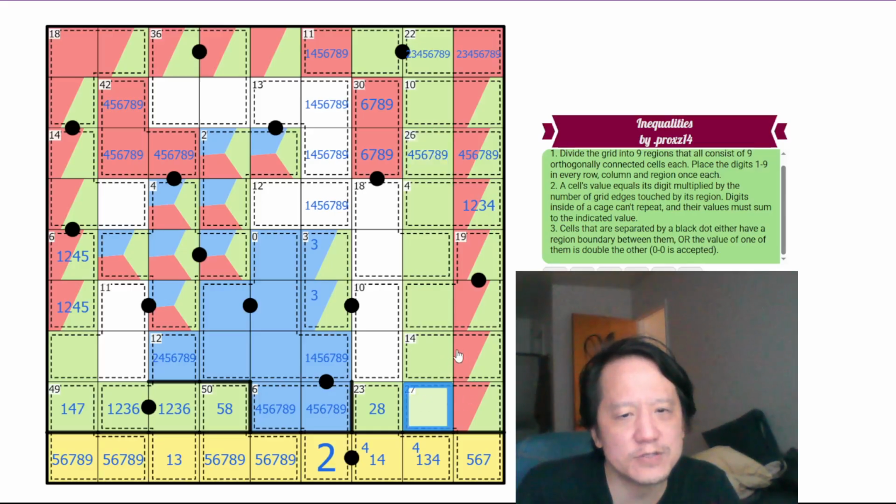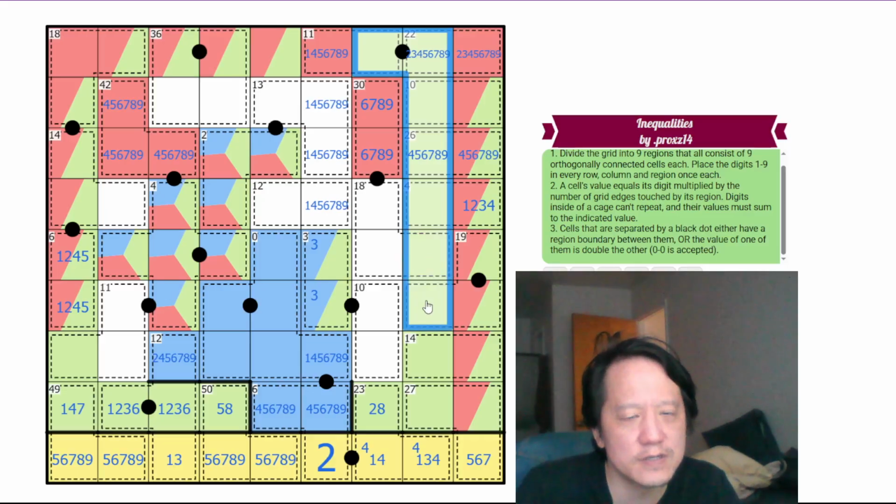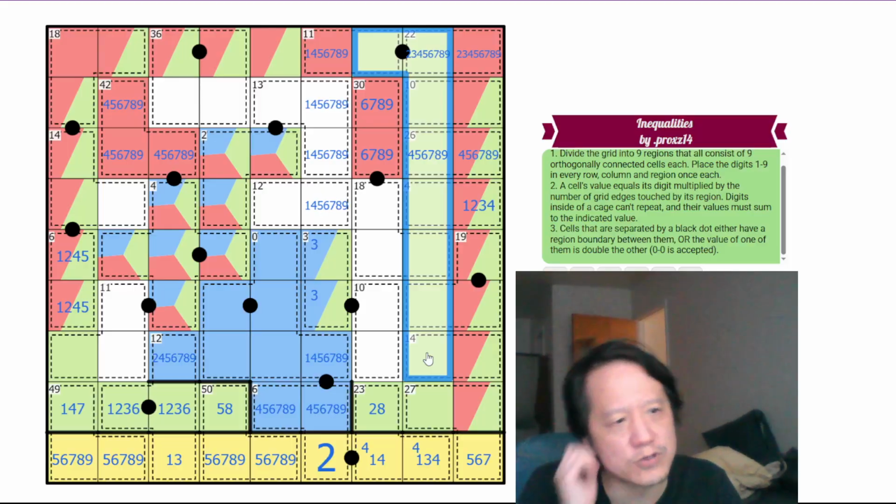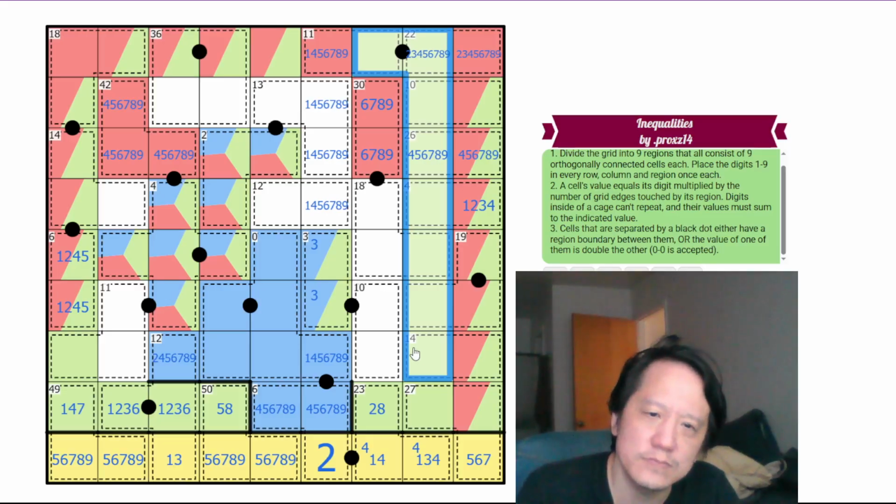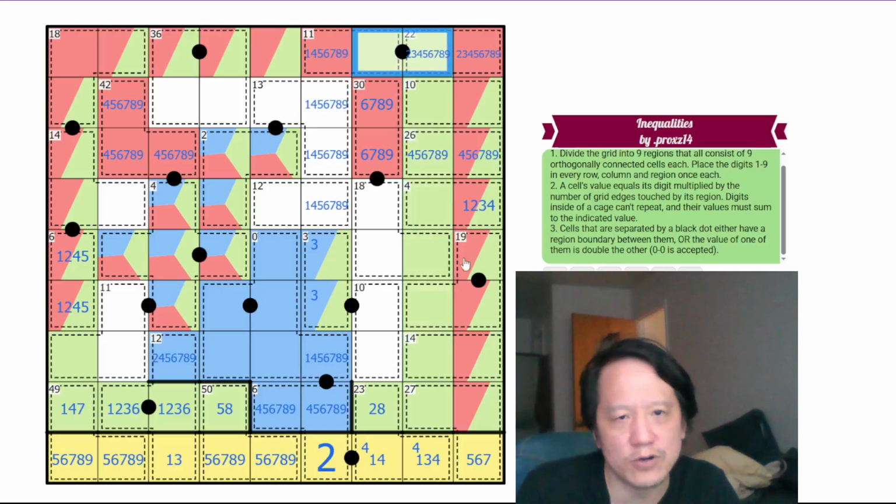Wait, why can't this be red? 1, 2, 3, 4, 5, 6, 7. Ah. Hold up. I don't think that works. No, it could work. It doesn't have to go this way. So it does have to go out this way.